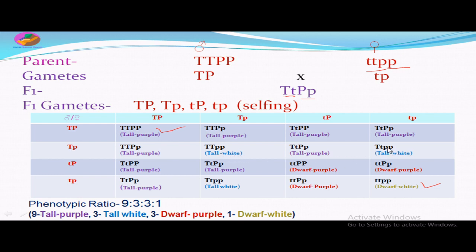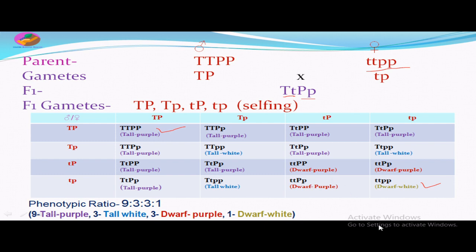So here we can find 3 such plants. And in the third case, if there are both small t and one or two capital P, then it will give rise to dwarf purple plants. So such 3 plants you can find here.